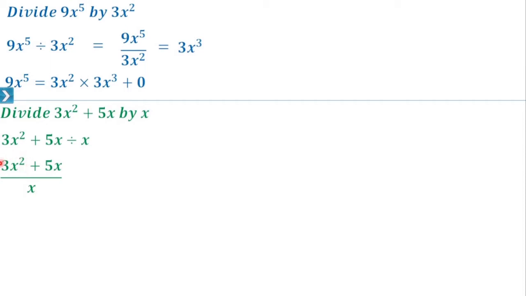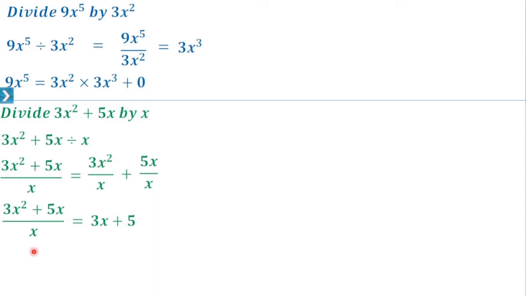So let us divide 3x square by x plus 5x by x. 3x square by x is 3x to the power 2 minus 1, that is 3x, plus 5x by x. x getting cancelled, remaining is 5.